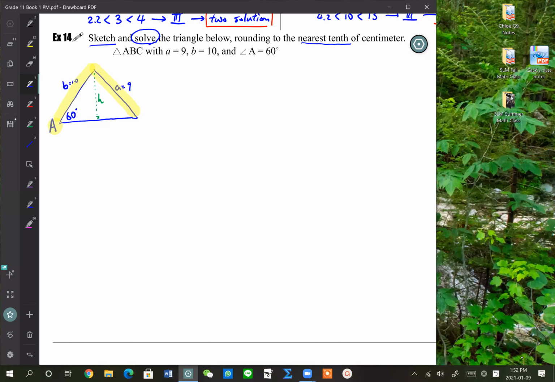Brandon, Chris, Ivy, Waylon. Okay, Ivy, what do you have for the height? I have 8.7. 8.7. Okay, very good.